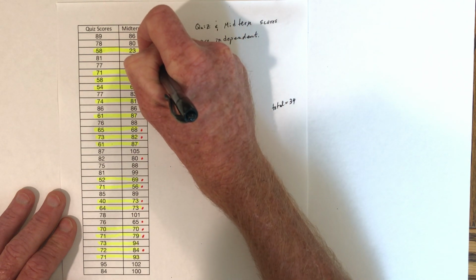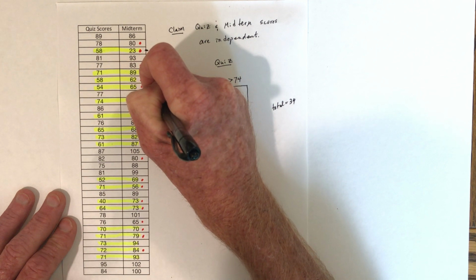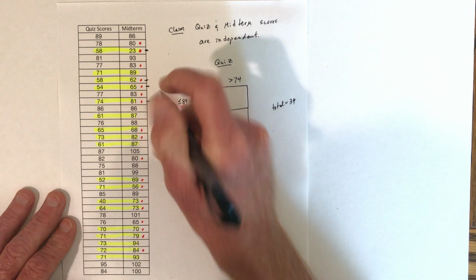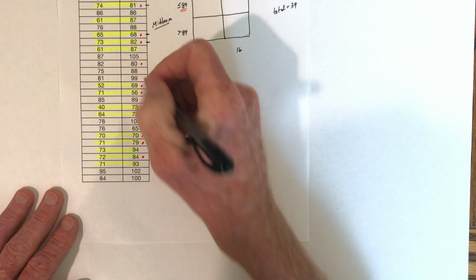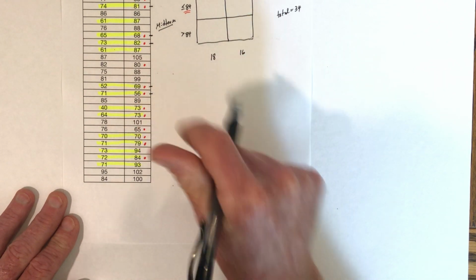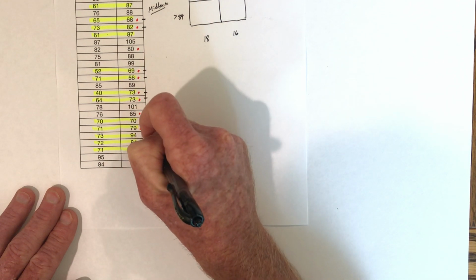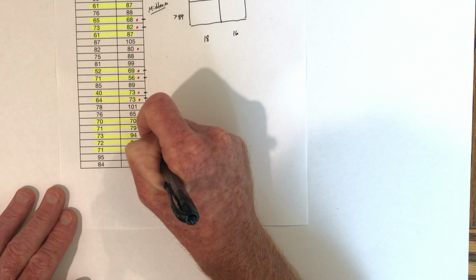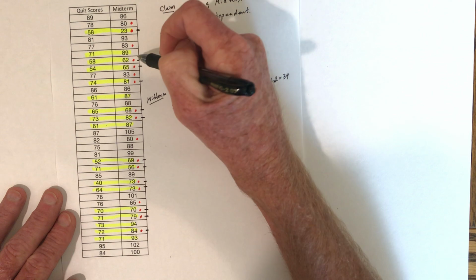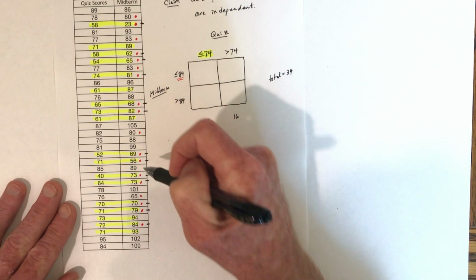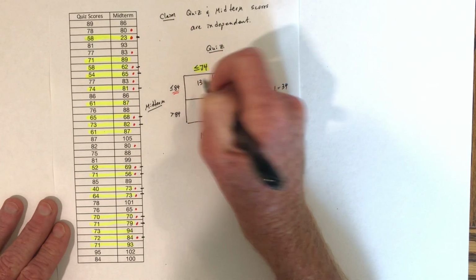So I'm going to put a little mark to show that I counted them. 1, 2, 3, 4, 5, 6, 7, 8, 9, 10, 11, 12, and 13. So that's 13 people that belong here.